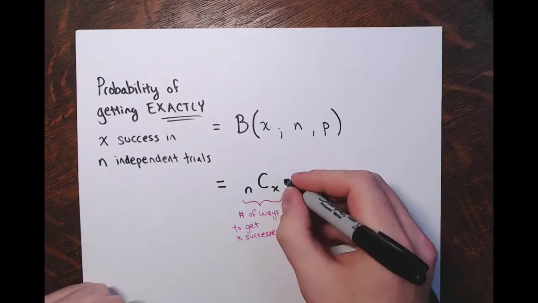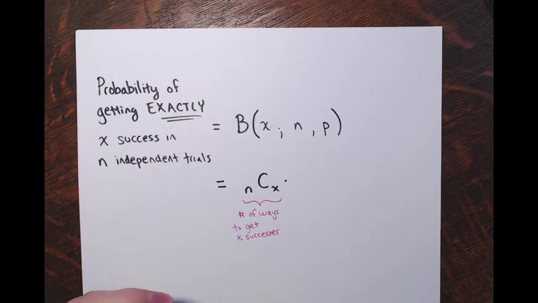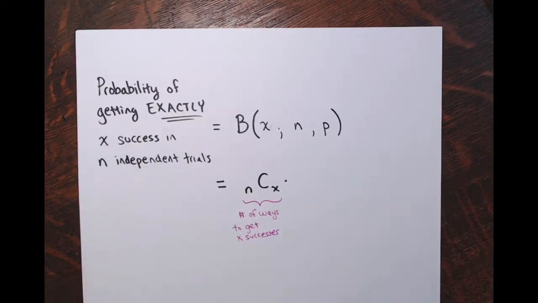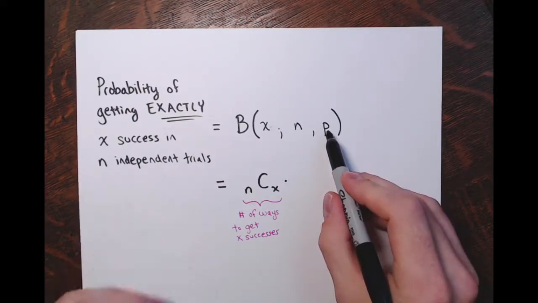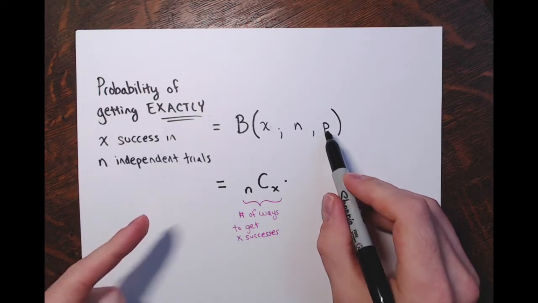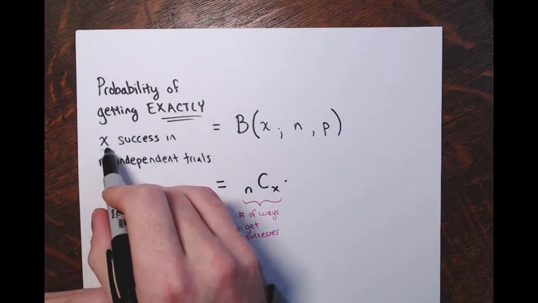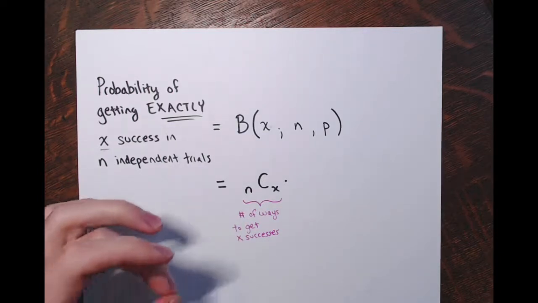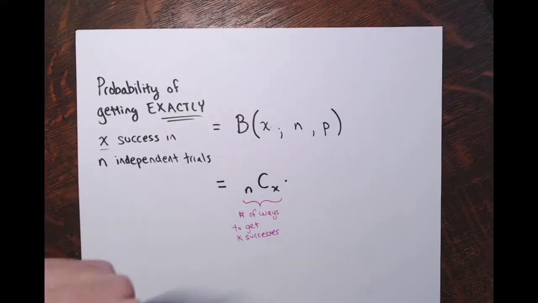And then this is multiplied by the probability of getting X successes in these N trials. So remember, the probability of getting a success in a single trial is P, but there are X of them. So it's success on one trial and another trial and another trial, X times. Remember, when you have an AND probability, that will involve multiplication.